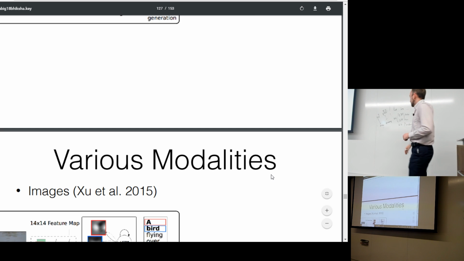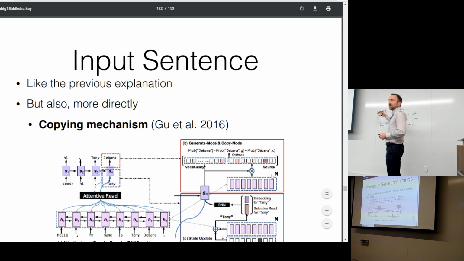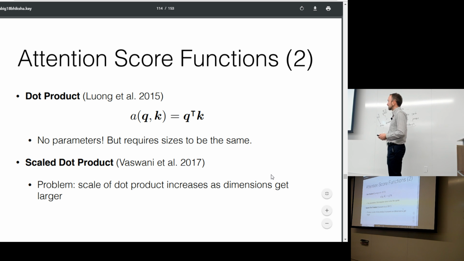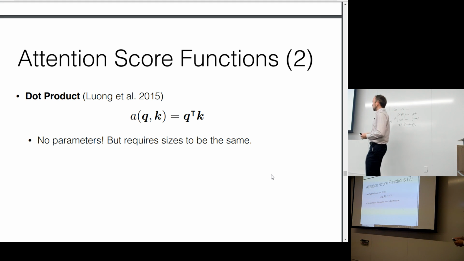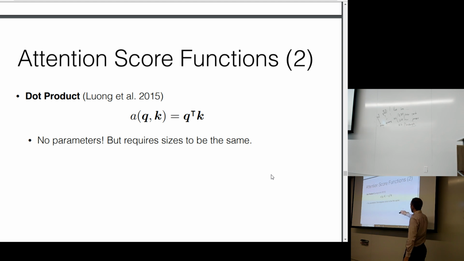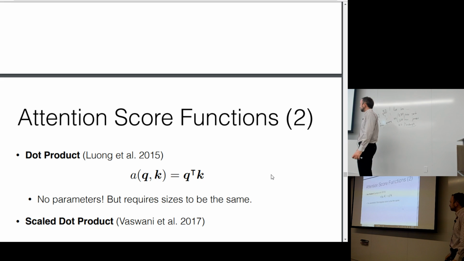So this is a very restrictive assumption, obviously, but when you don't have very much data, it actually ends up working, or even when you have lots of data, it ends up working relatively well. Another thing is that the key and the query vector sizes have to be the same. So if you want to use different sizes for your encoder and decoder, you can't use this.